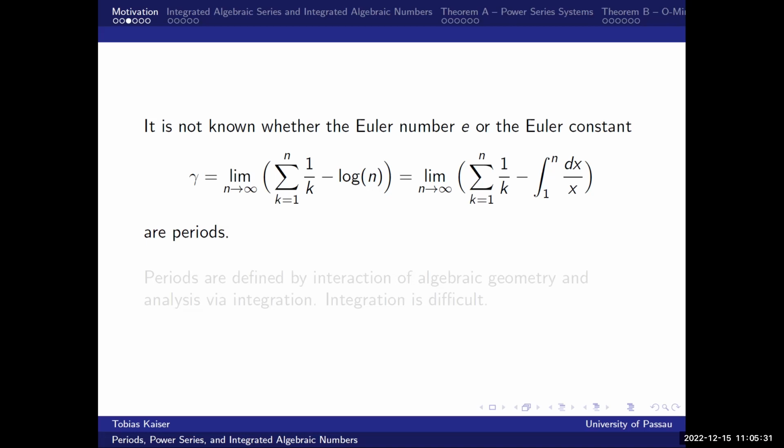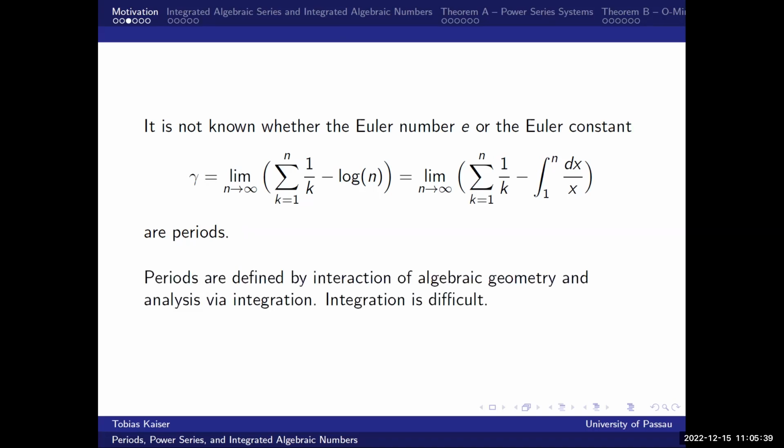Even more depressing, we don't know if 1 over pi is a period. So periods are defined by an interaction of algebraic geometry, so semi-algebraic over Q, and analysis coming from integration. And integration is not first order compared to differentiation. And this makes it really hard.